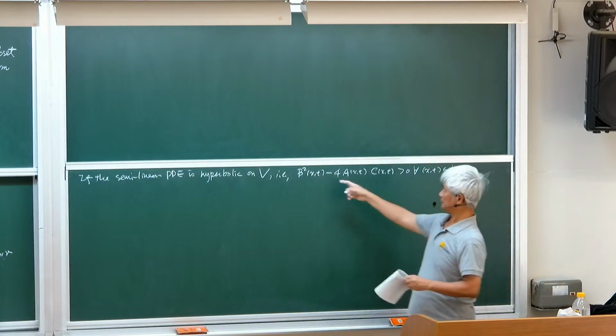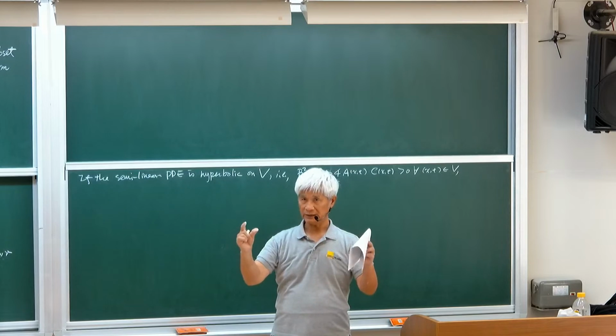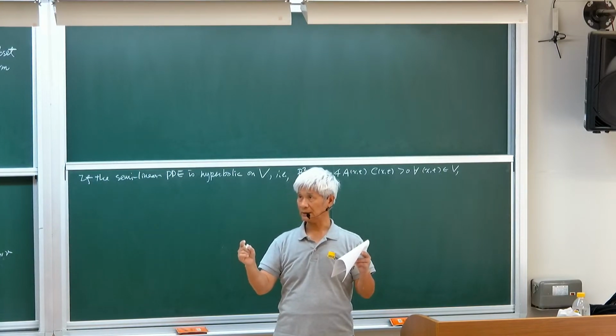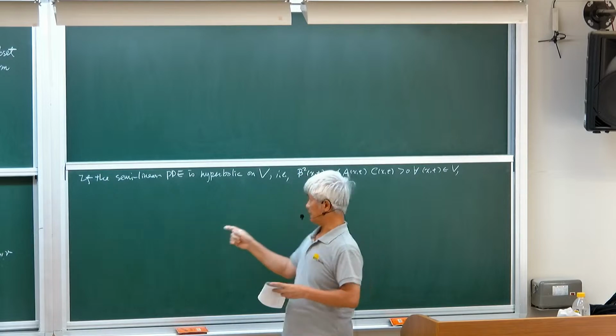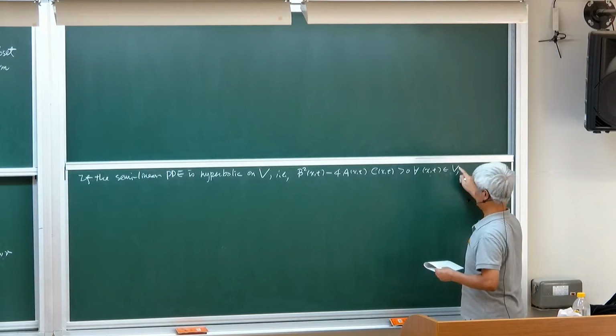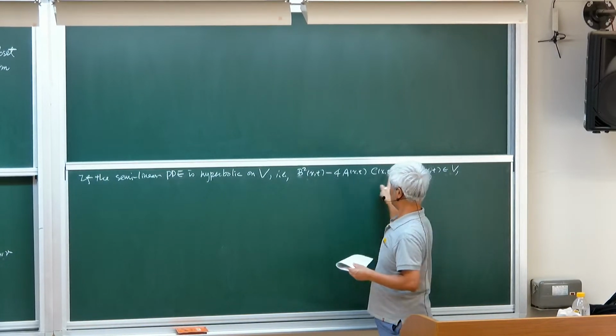So suppose that the semi-linear PDE is locally hyperbolic. Okay, by our definition, right? So at every point in this V we have this inequality.